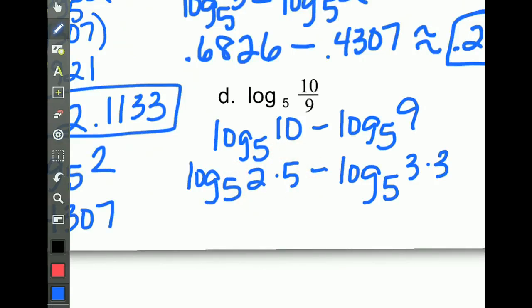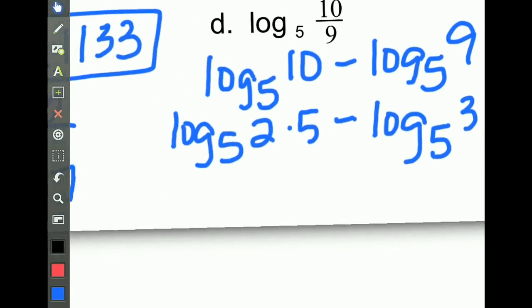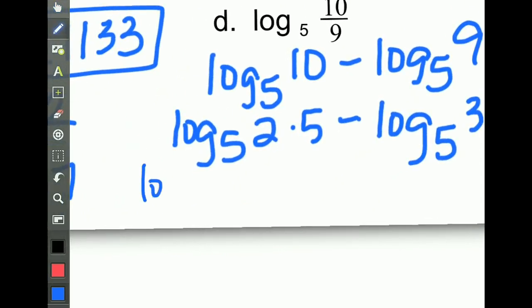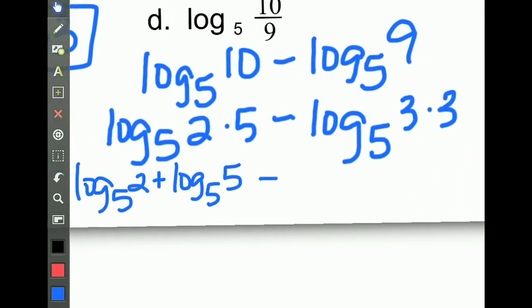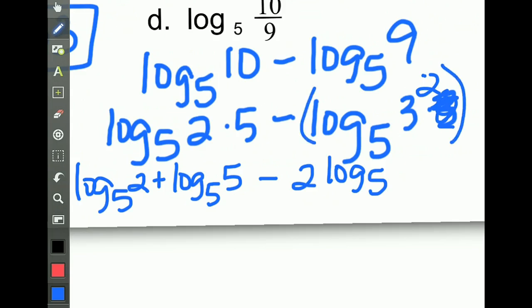So we're going to do log 2 plus log 5 minus, and actually couldn't we write this as an exponent? That would actually be 3 squared, which is 2 log 3. You have to be really careful because you're subtracting that whole log, so you have to be sure you flip both of those signs.